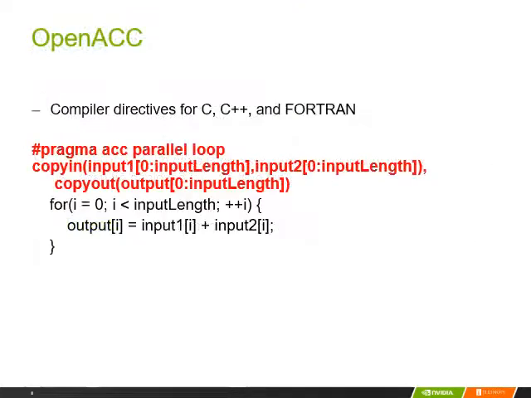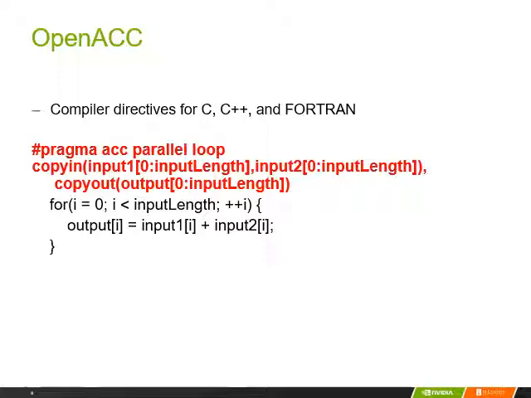In this slide, we show the OpenACC compiler directives. The OpenACC compiler directives can be used for C, C++, and Fortran. On this slide, we show an example of OpenACC with C programs.